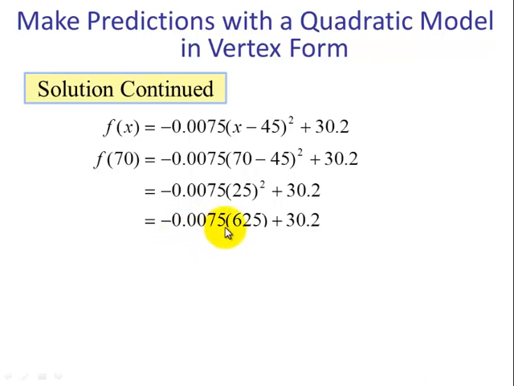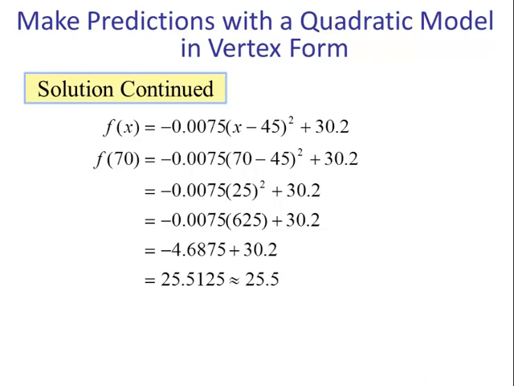Multiply our value of a and add that number to 30.2, we get 25.5125, which is approximately 25.5.